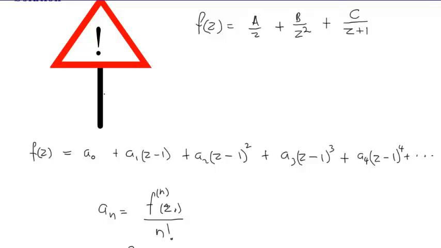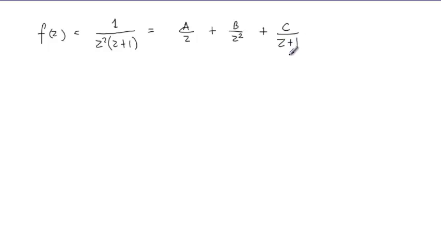So let's start this way. We have f of z equals 1 over z squared times z plus 1, in partial fractions form, a over z plus b over z squared plus c over z plus 1.